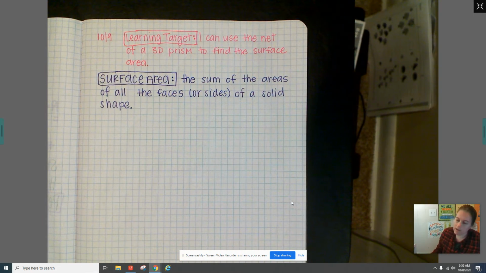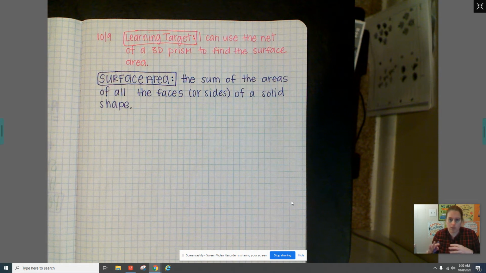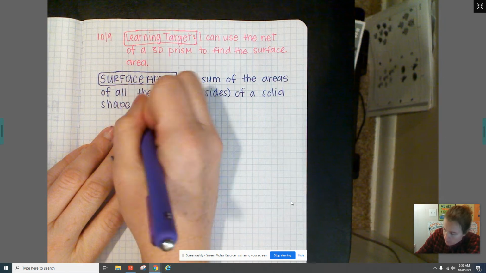Okay, so when I think of surface area, I always think of wrapping paper. Like if you have a present and you need to wrap it, surface area represents the amount of wrapping paper that you would need.